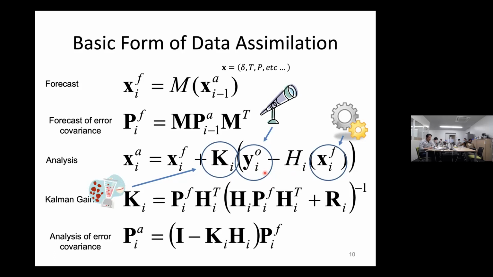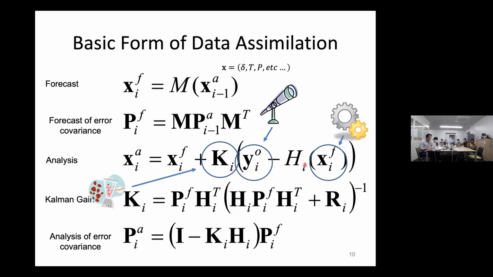And in most cases, even though we do have gridded information for all the variables in the model, it's not the same as what is observed by Y. So in that case, we need to have something called an observation operator, H, to convert the gridded information to where you have observation or the time you observe.